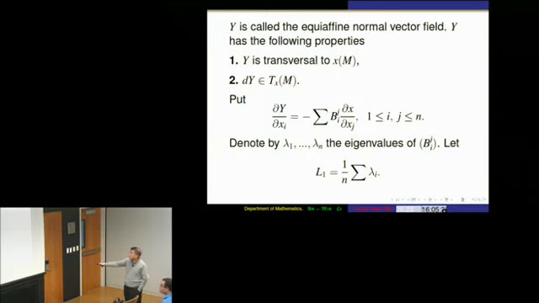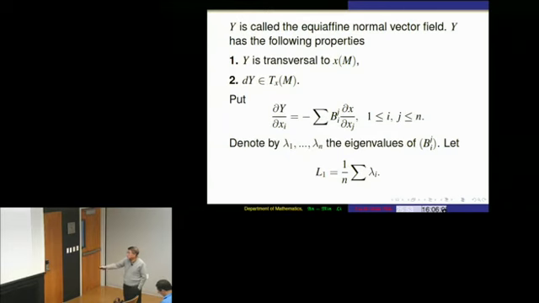Y has the following properties. First of all, Y is transversal to x(M). Another one is that if we take the differential, dY belongs to the tangent plane. These two properties are very similar to the Euclidean unit normal vector field, so this is called the affine normal vector field.